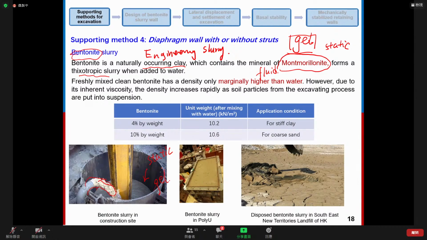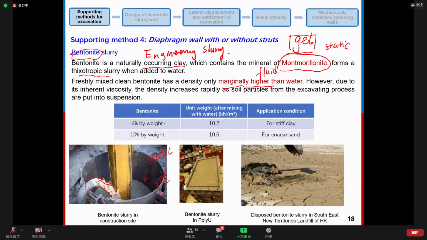And for this kind of soil, its permeability is quite low. It's extremely low compared to other types of soil, especially sand or silty soil. And also, the bentonite slurry has a similar density to water, or marginally higher than water.